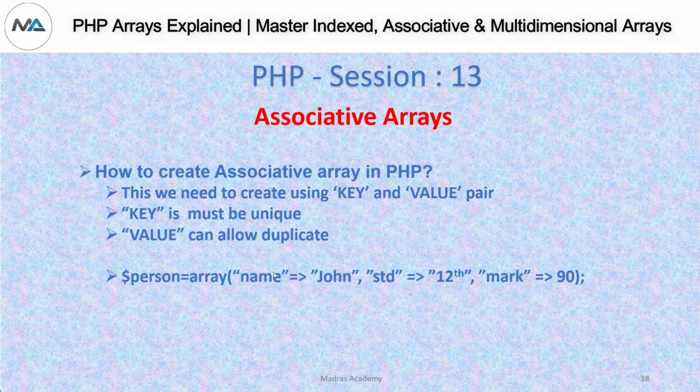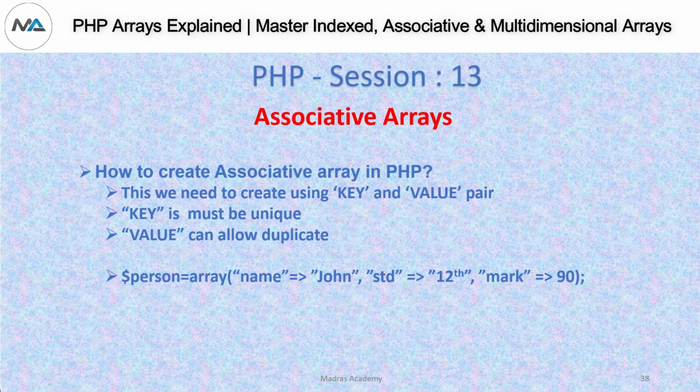The key we need to write inside double quotation marks. If the value is a string, we use quotation marks. If it is an integer value, we can assign it directly. So this is the format to create an associative array. How to retrieve the value from this variable, we'll see in a practical session.